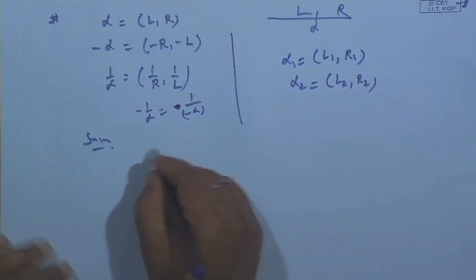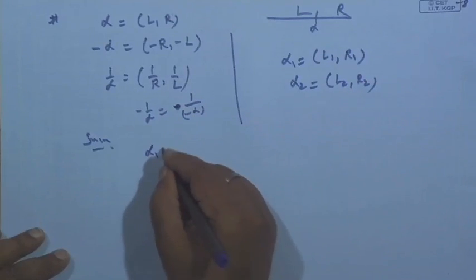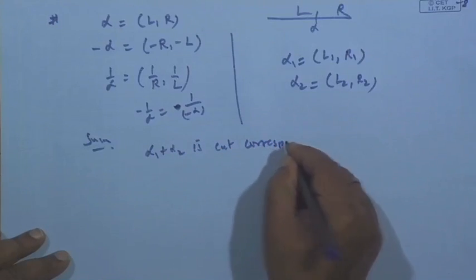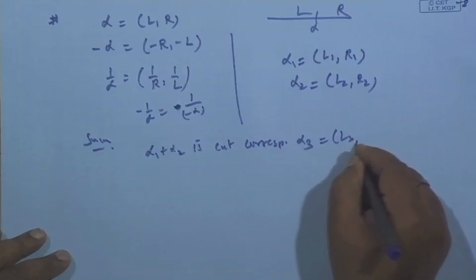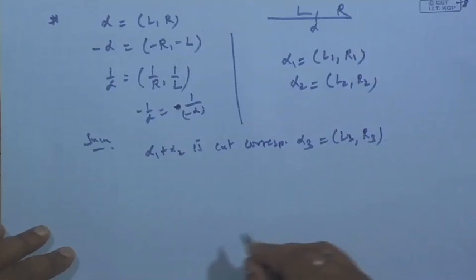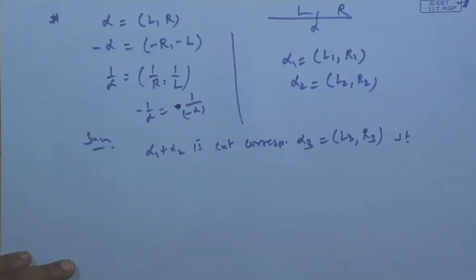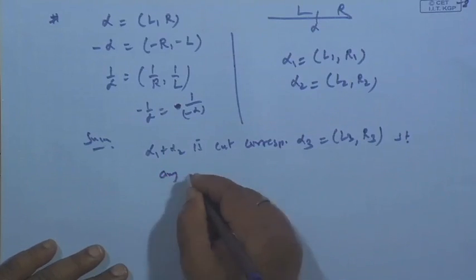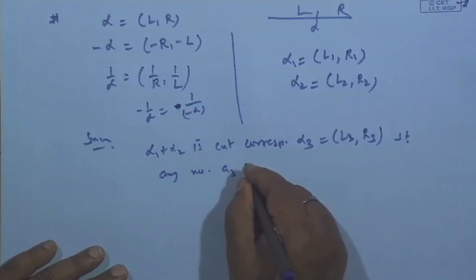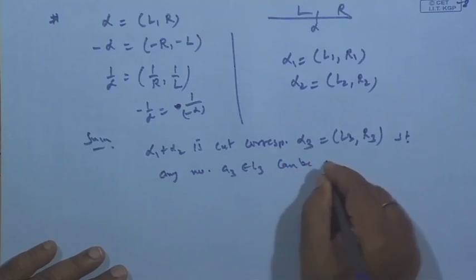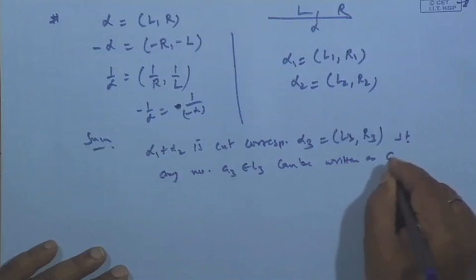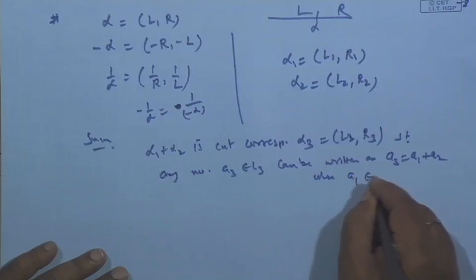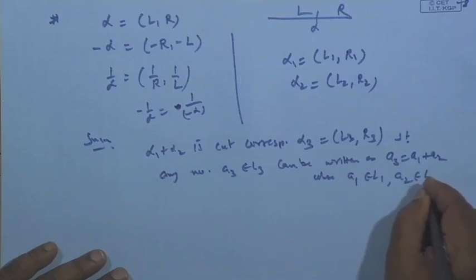Then the sum alpha 1 plus alpha 2 is a cut corresponding to alpha 3, that is L 3 R 3, such that any number A 3 belonging to L 3 can be written as A 1 plus A 2, where A 1 belongs to L 1, A 2 belongs to L 2, for the sum.